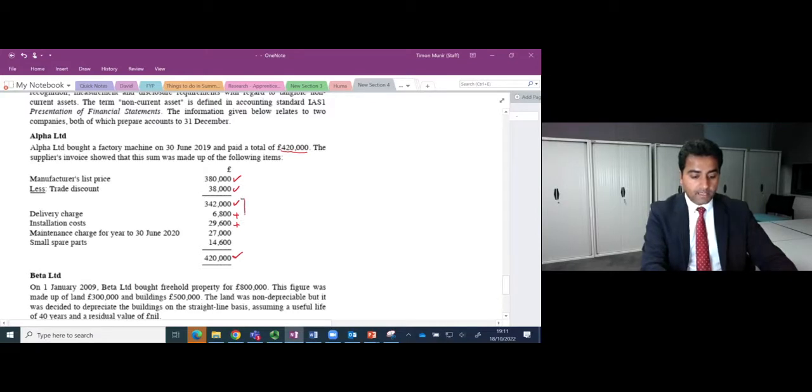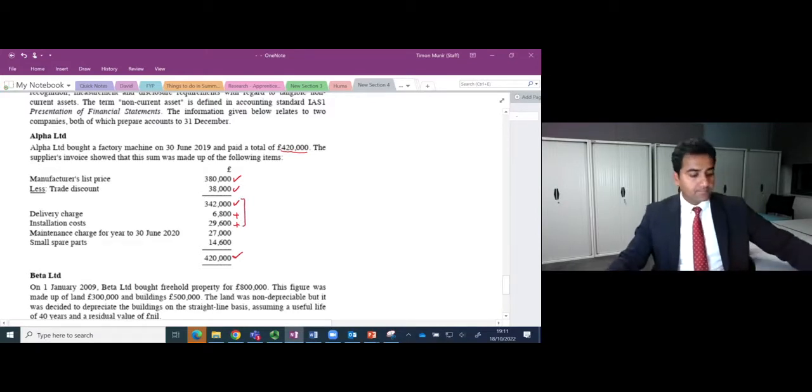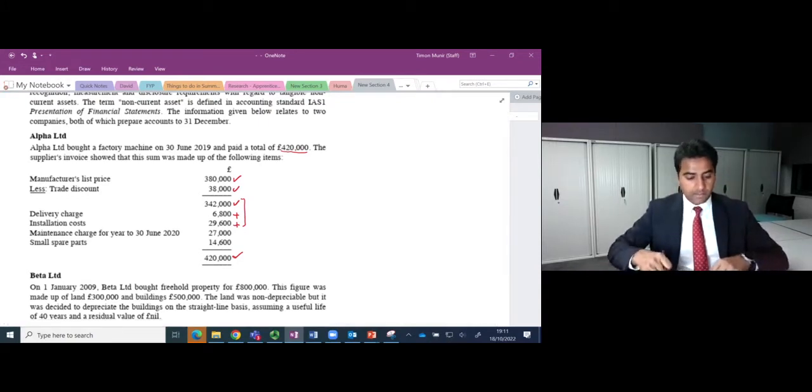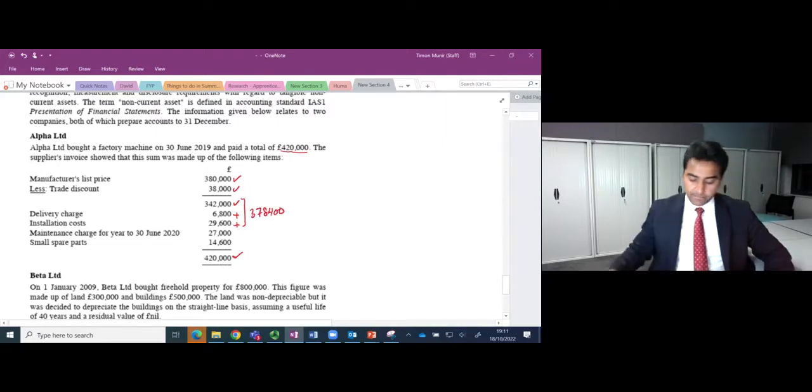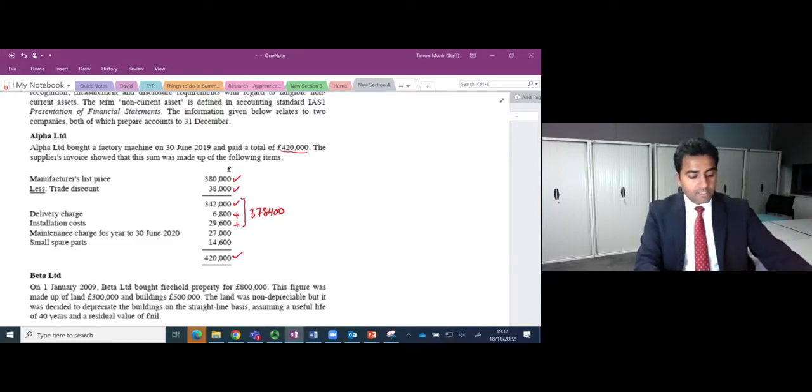So far, by adding these three costs, our asset's value is coming up to be £378,400. Now the remaining two expenditures, which are maintenance cost and the small spare parts.